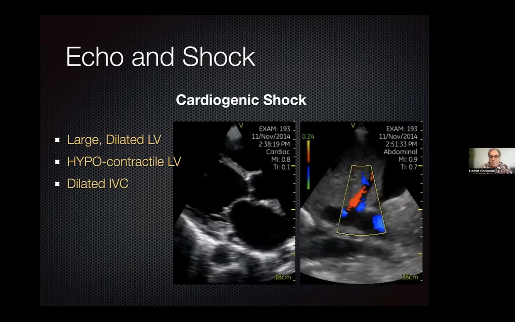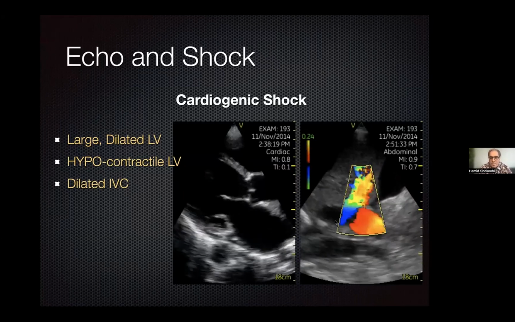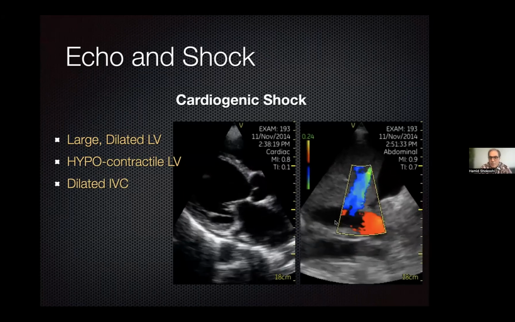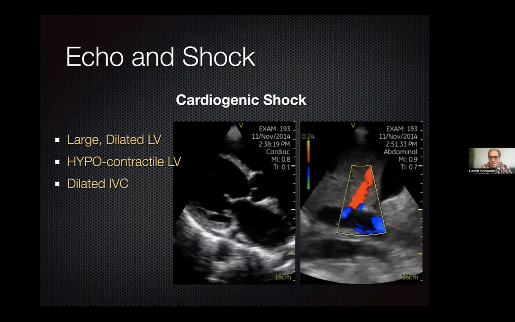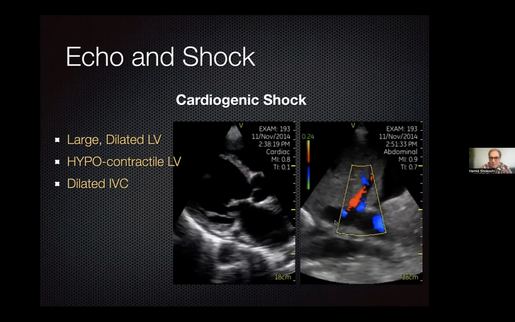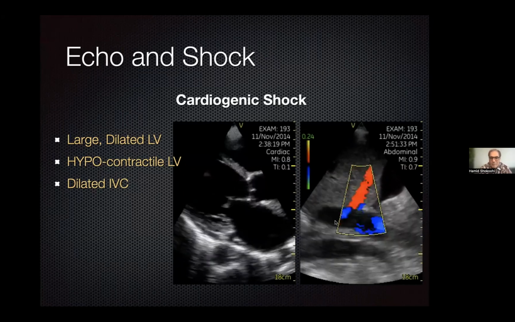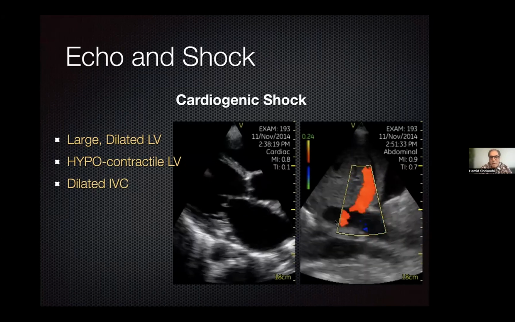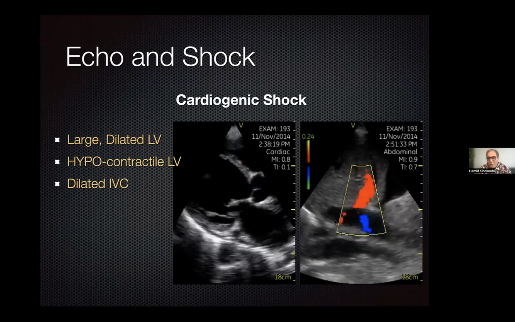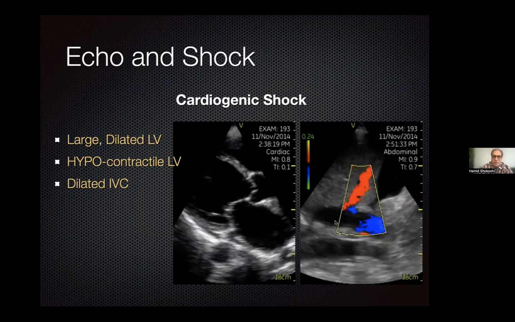So next, we want to talk about cardiogenic shock. For cardiogenic shock, obviously the pump cannot pump enough. Regardless of how much fluid you have and how intact your vasculature is, the heart itself is not functioning 100%.